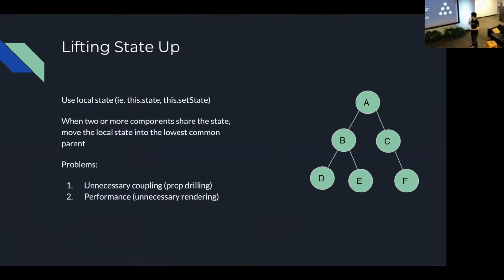Let's say F and D are sharing a state. Then you want to lift the state up, moving it to the lowest common parent, in this case A, and then pass it down as props to B and D, and A to C to F.